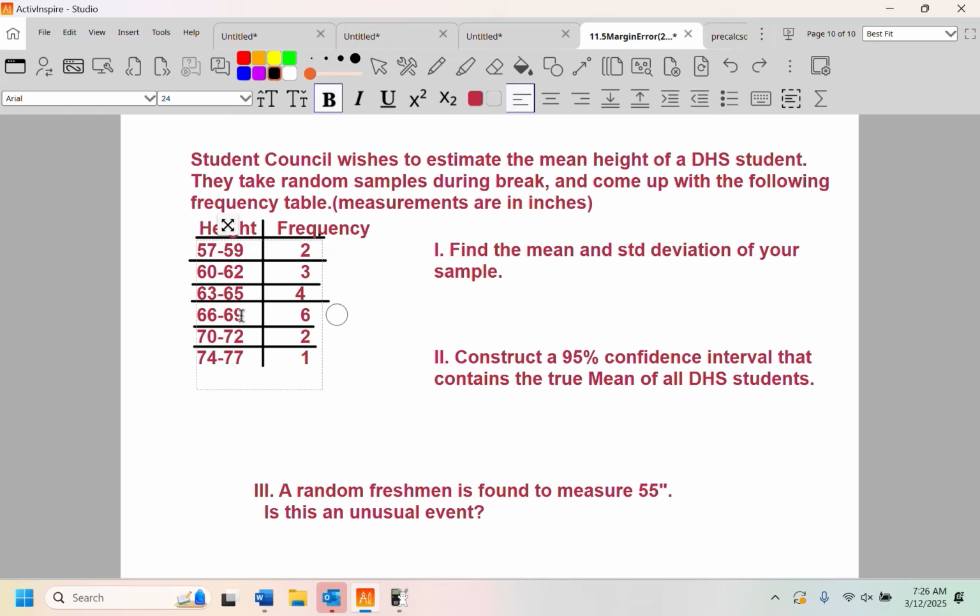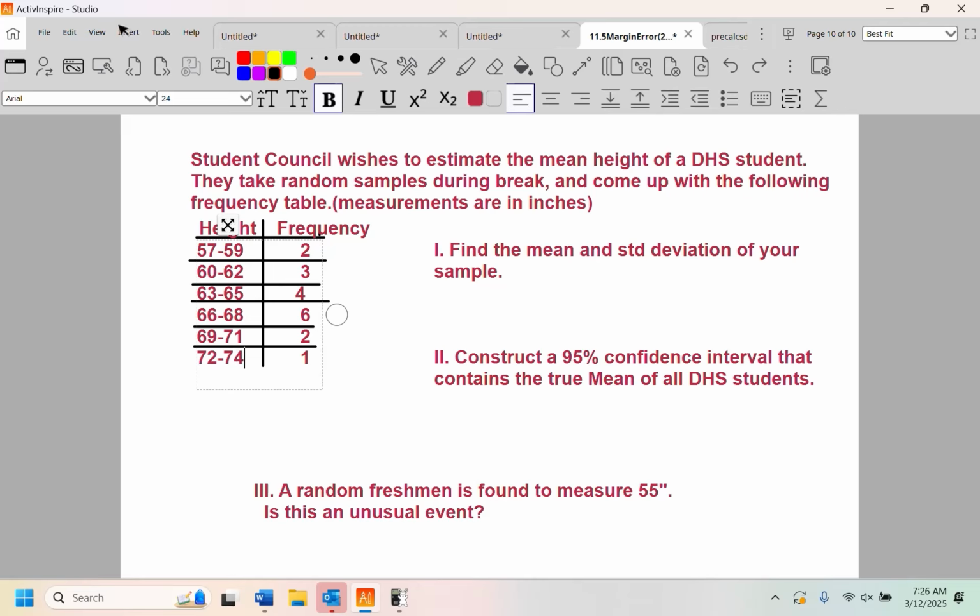There's something wrong there. That's not 69. 68, 69, 71, there we go. 72, and that one stops at 74, 6'2".